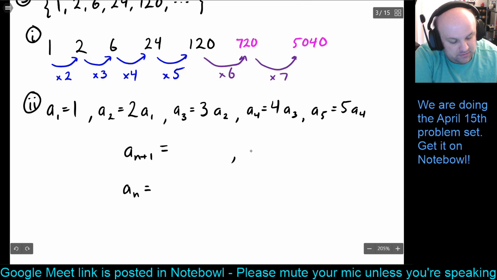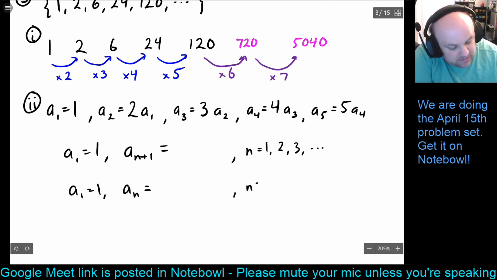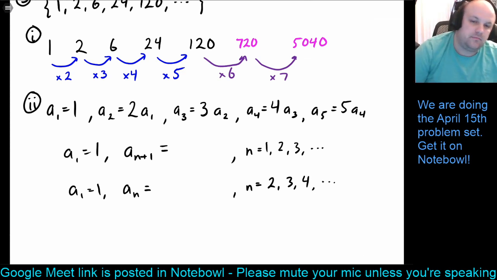So here, this would be n equals 1, 2, 3, so on. Either way, a1 is always 1. This one would be starting with n equals 2. So try and see if you can get a handle on this formula here.